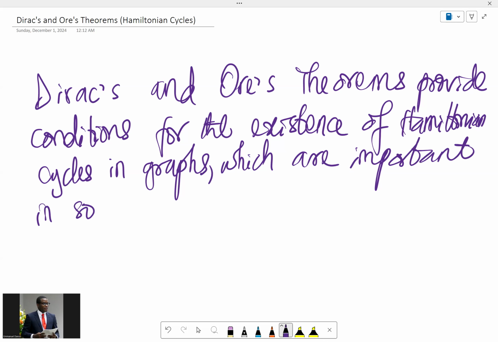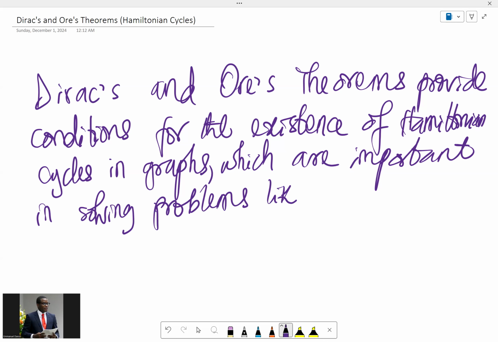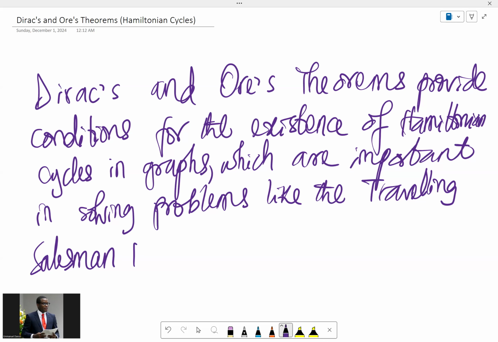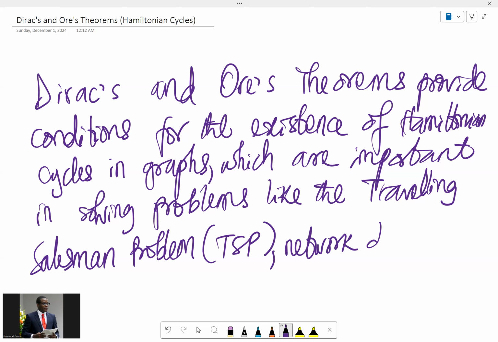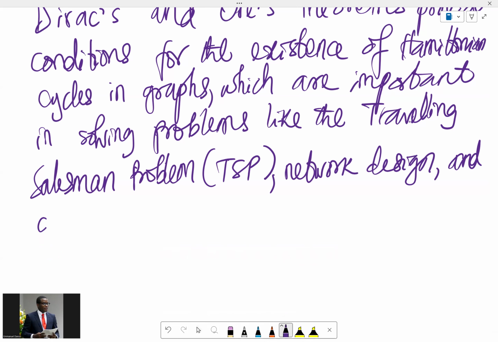in solving problems like the popular traveling salesman problem, that is TSP, network design, and circuit routing.